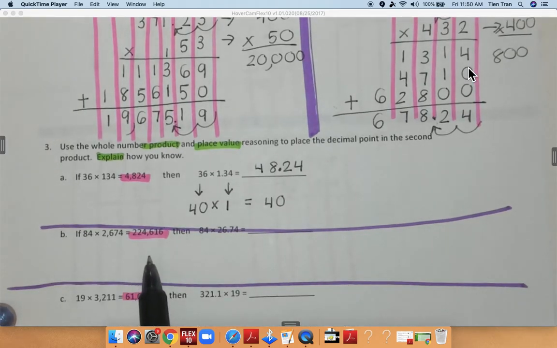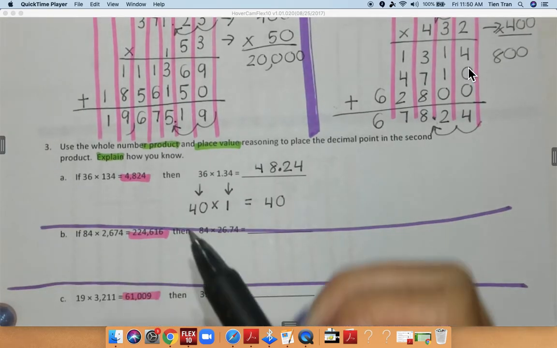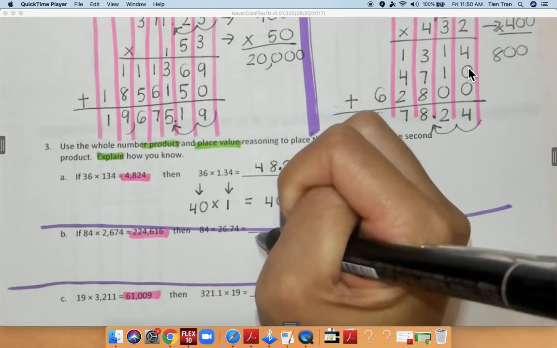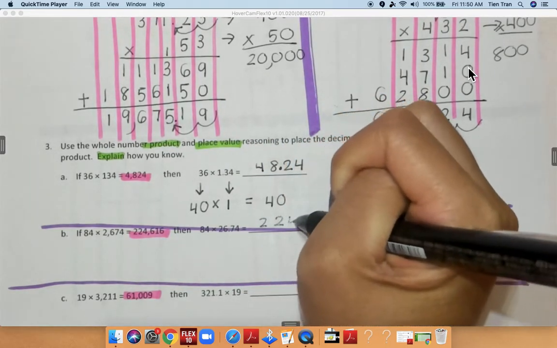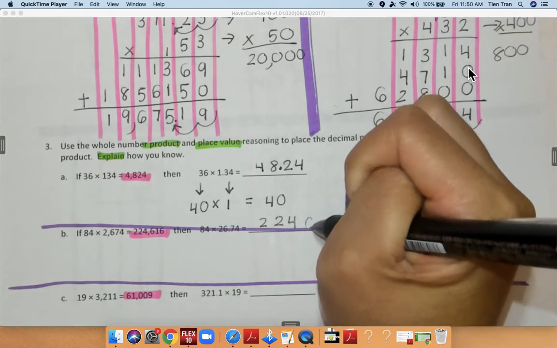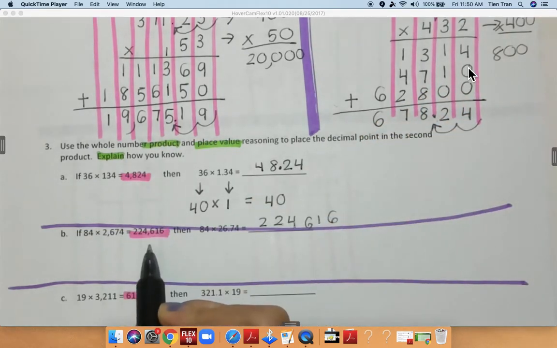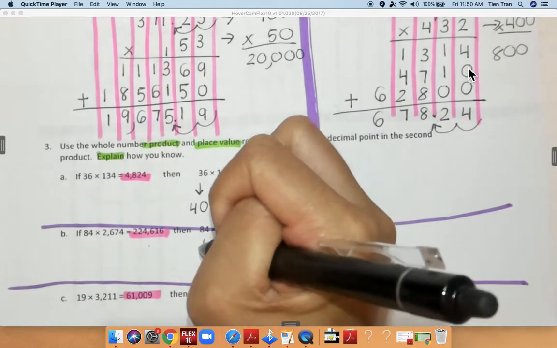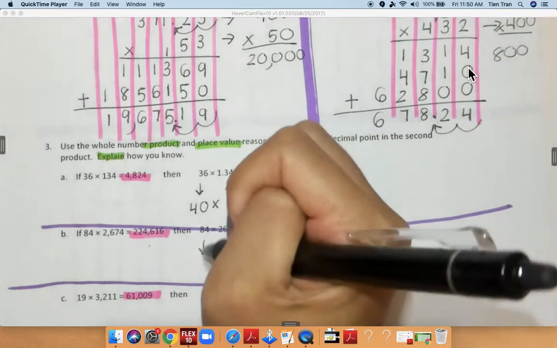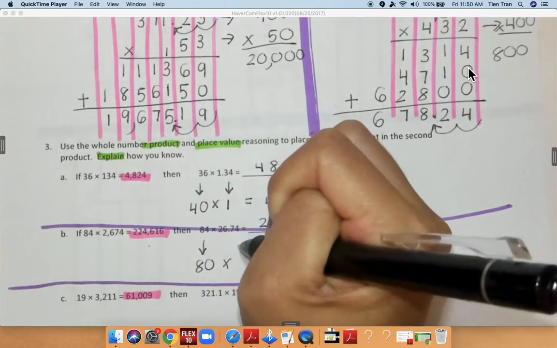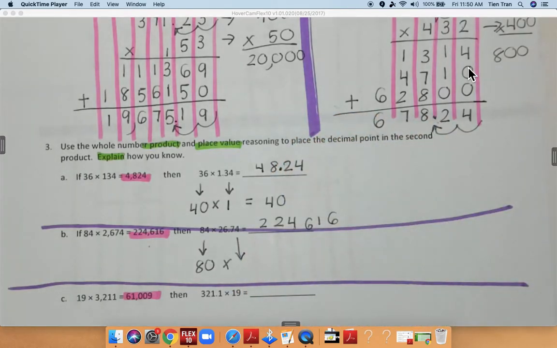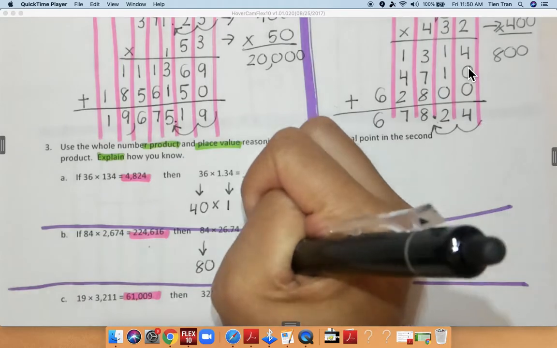Now, for the next problem right here, they give me the answer, right? So my final answer should be 224,616. It's given right here. Now, I'm going to round my numbers. I have 84, which can be rounded to 80, and 26.74, or 26 and 74 hundredths, can be rounded to 25.